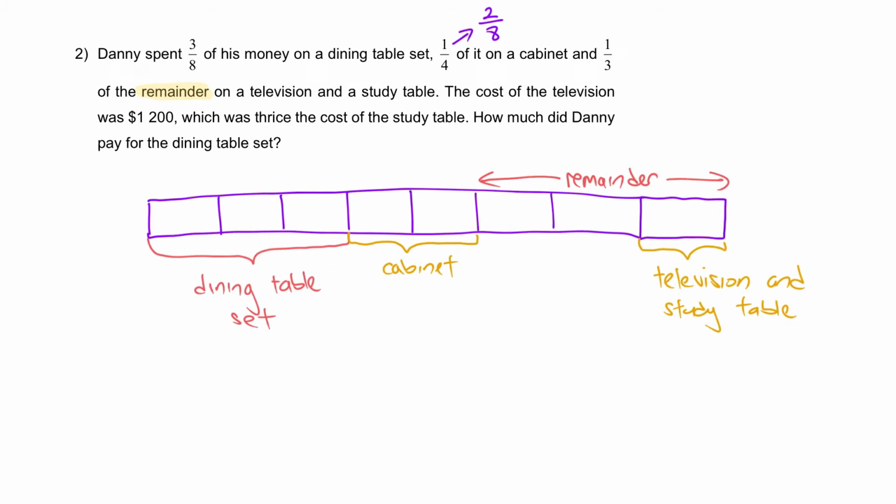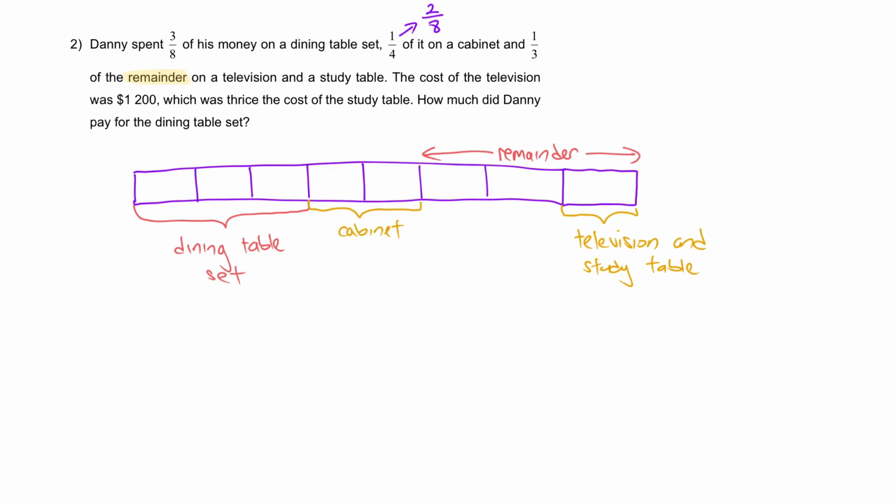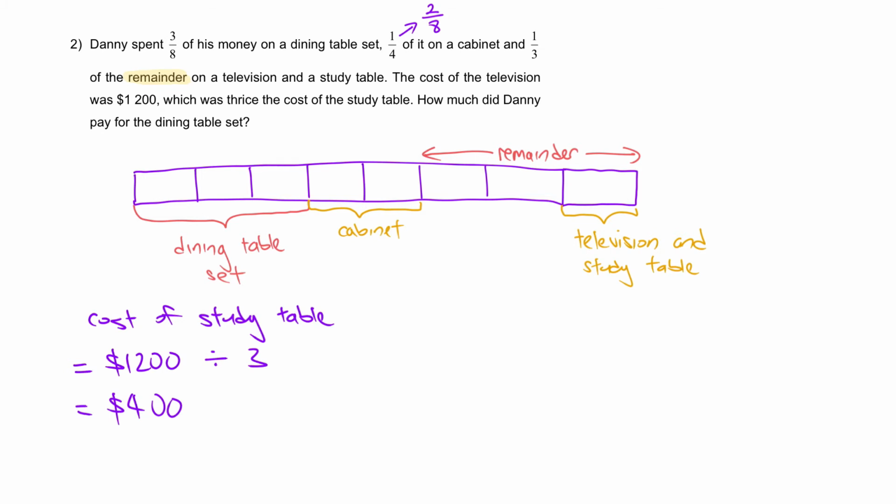So step number 1, let me minimize this to give myself more writing space. First step, cost of study table. The cost of study table is 1200 divided by 3. That will be $400. Makes sense, right?